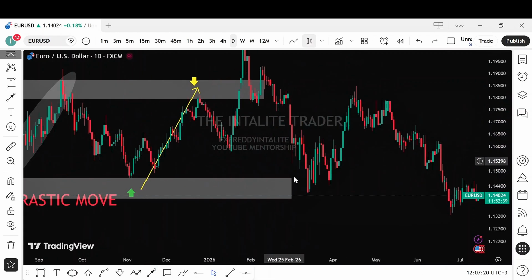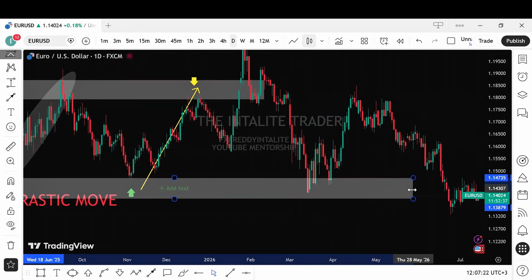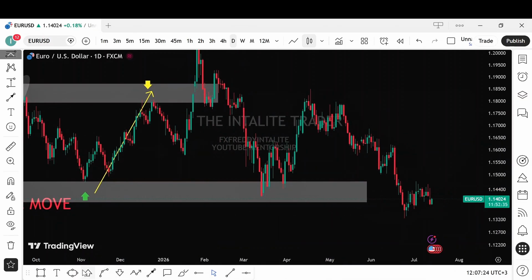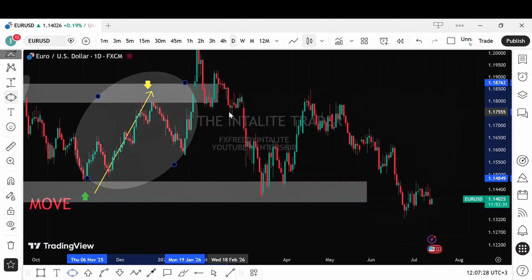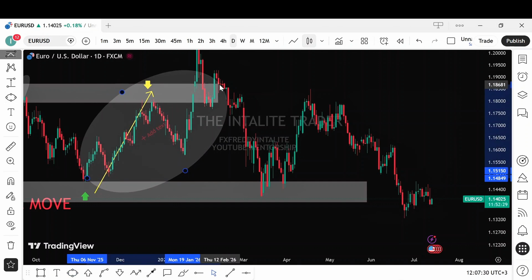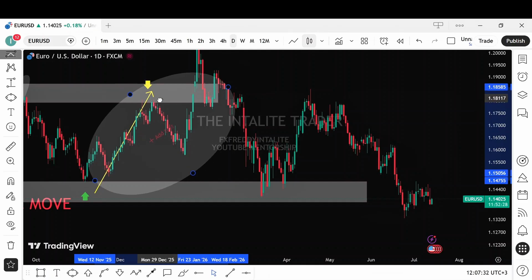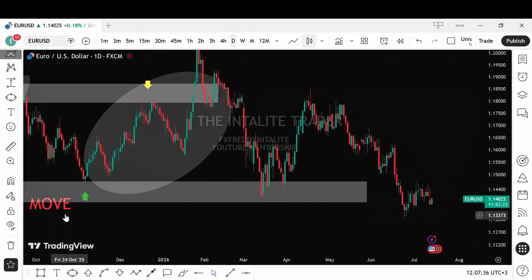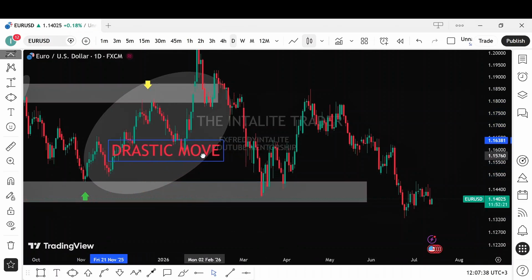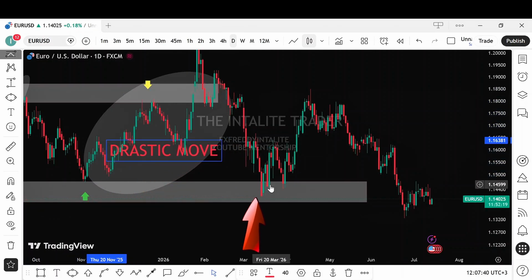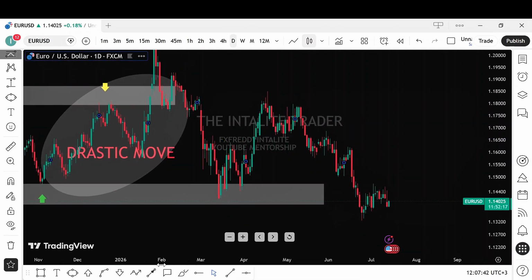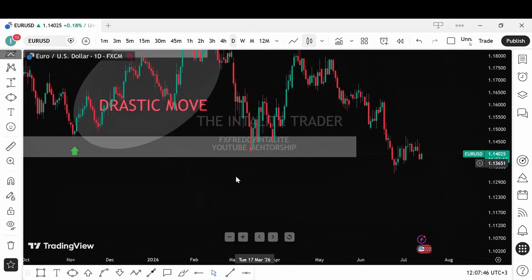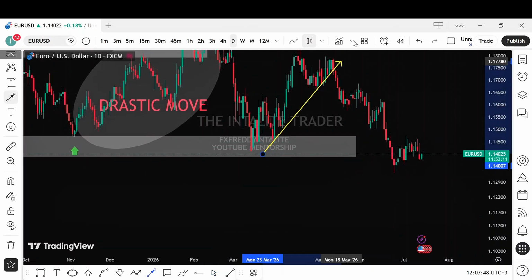The same thing happened in the future. When price trades into this same level, this now becomes our drastic move away. So this one became our drastic move here. Price comes back into this same level, and see what happened. Price traded away from the level.